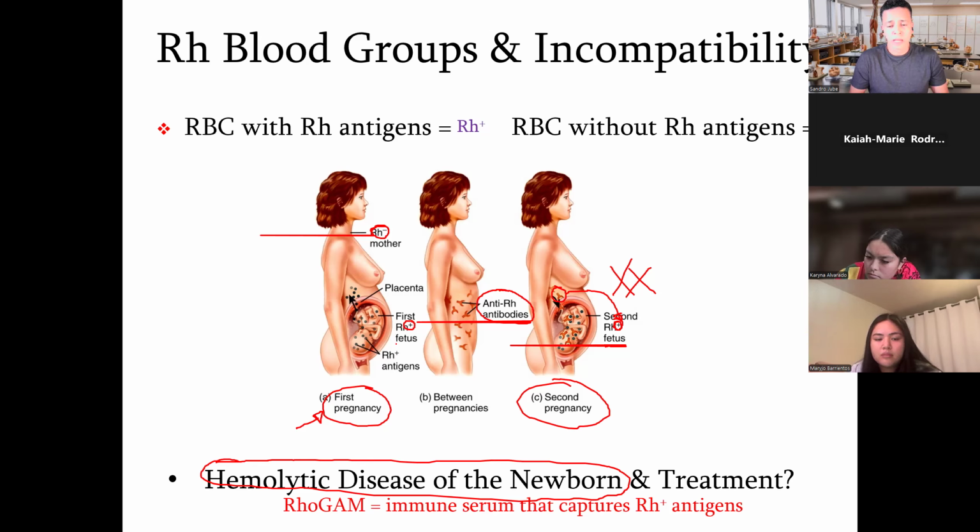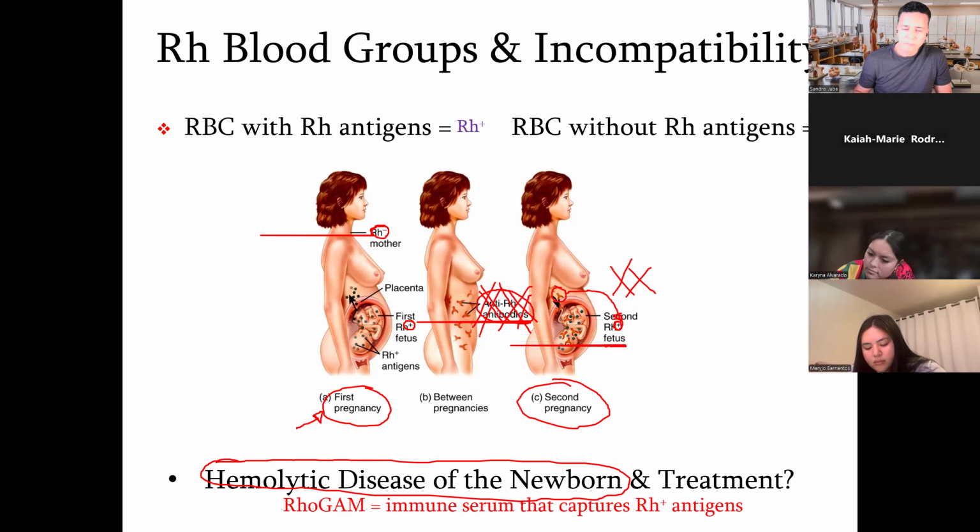What does the RhoGAM do? The RhoGAM is going to capture the RH antigen circulating in the mom's blood and is going to prevent the formation of the antibodies. So the mom will have no antibodies against the RH antigen. So if she gets pregnant the second time, it's not going to be an issue at all for the baby because she doesn't have any antibodies against the antigen.